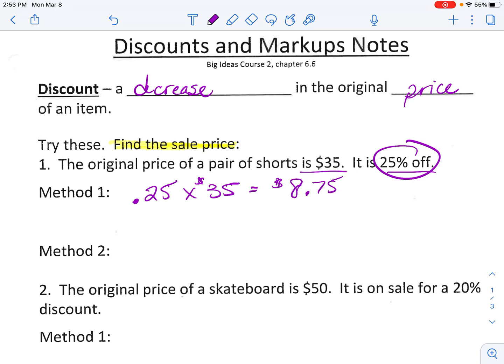Now that's not the price of the shorts. They didn't go from $35 to $8.75. This is how much you get to take off. So 25% of $35 is $8.75.